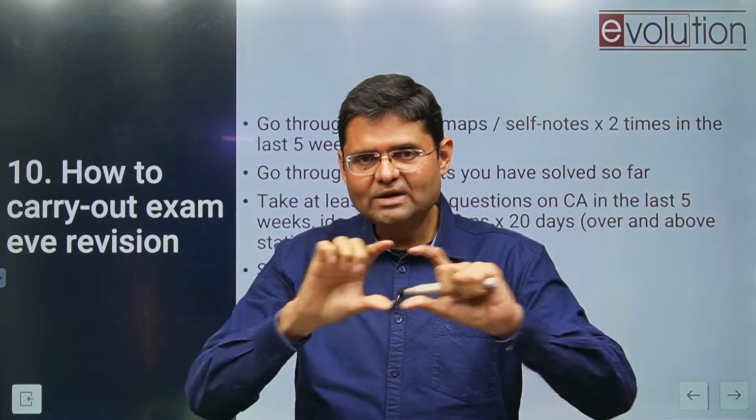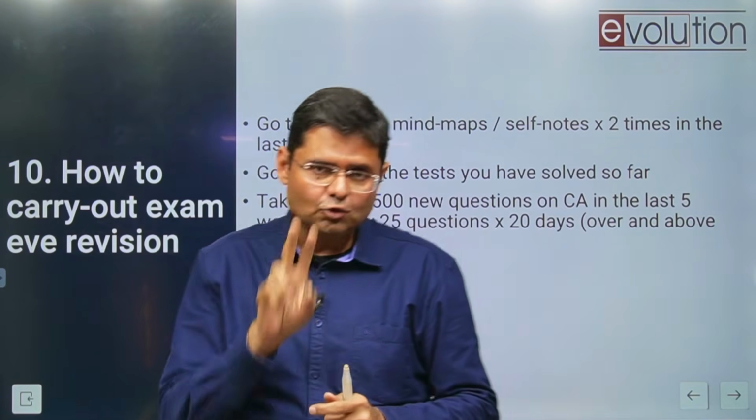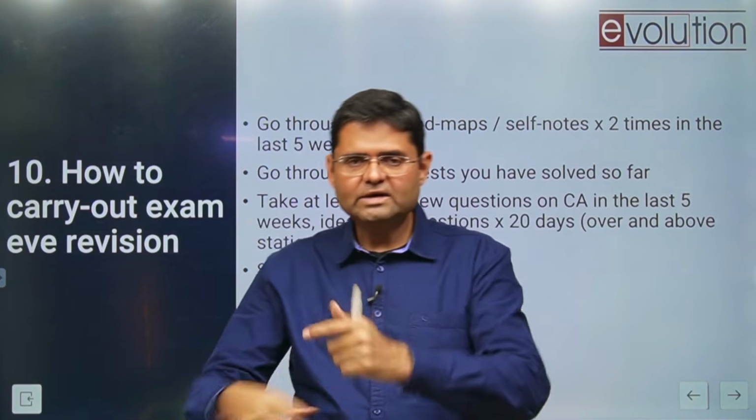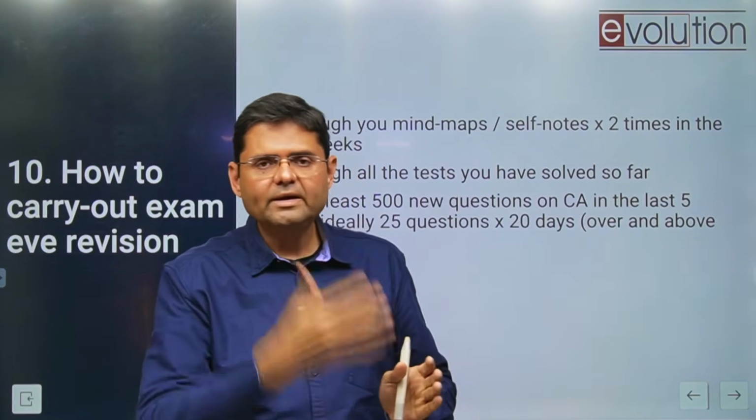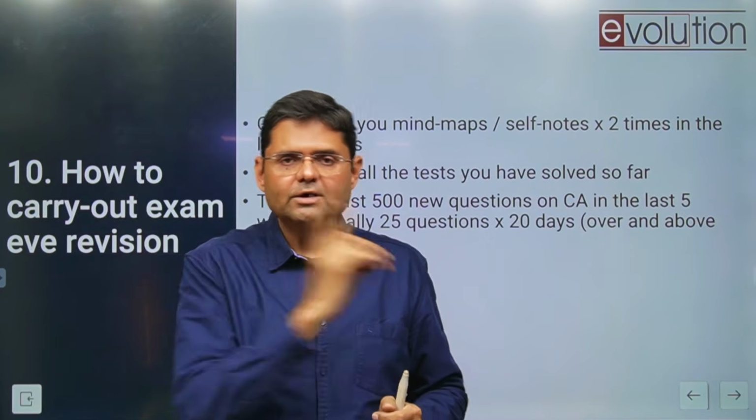Ideally speaking, one cycle of revision should be done in 2 weeks, and then another 2 weeks, another cycle of revision, and in the last week, try to quickly run everything in front of your eyes.